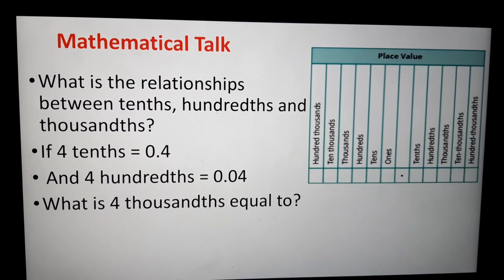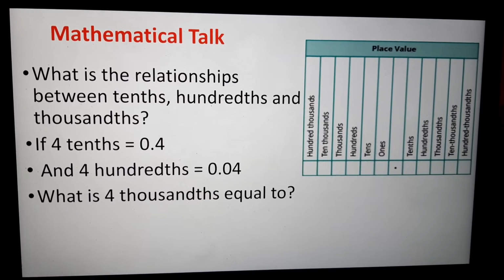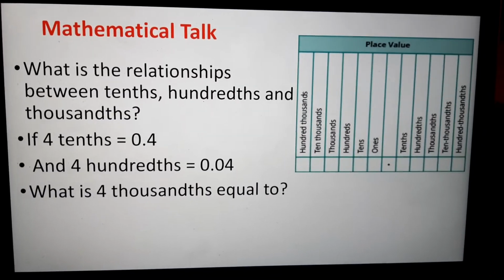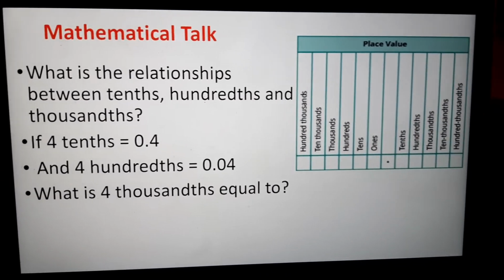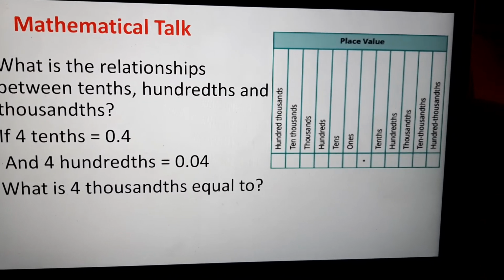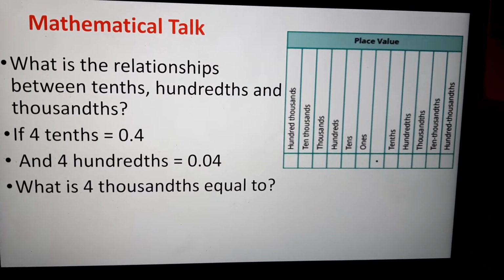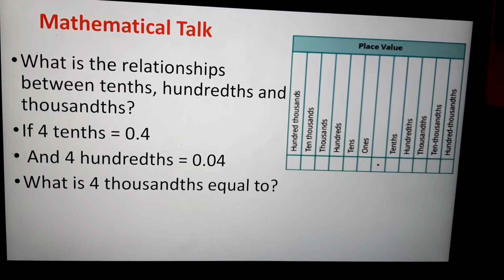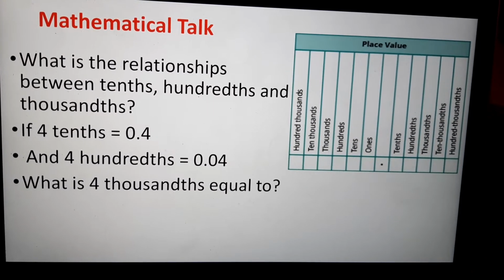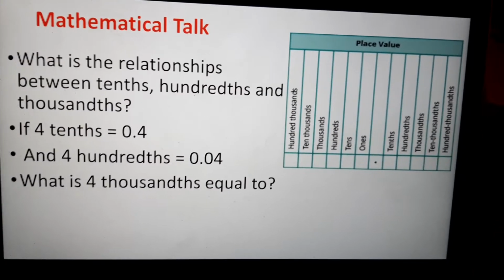So what is the relationship between tenths, hundredths, and thousandths? So I've got my place value grid right here. If 4 tenths equals 0.4 and 4 hundredths equal 0.04, what is 4 thousandths equal to?